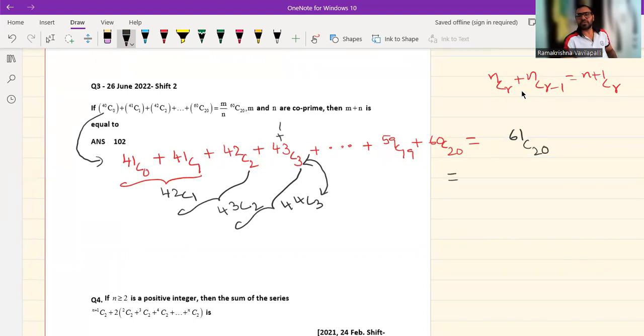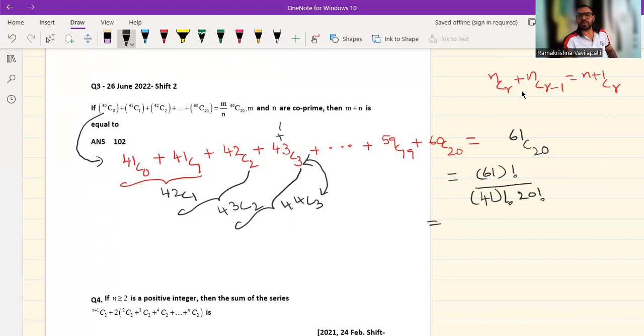So this is equal to 61 factorial by 41 factorial into 20 factorial. We want to express it in terms of 60C20.